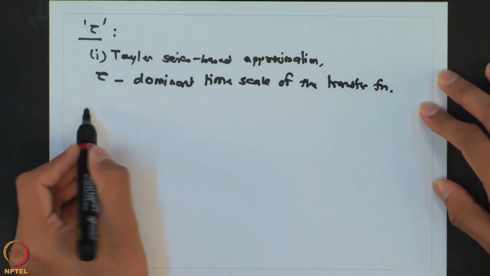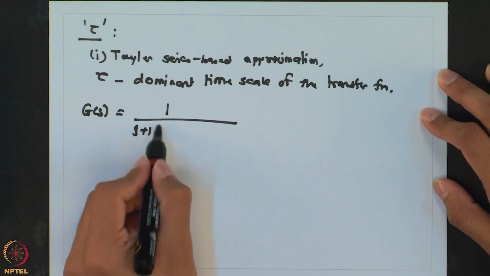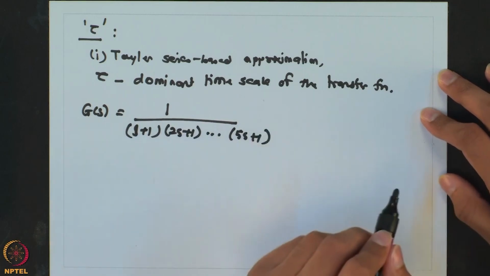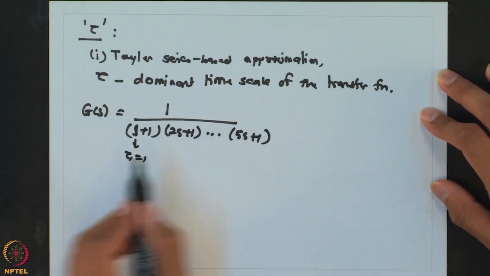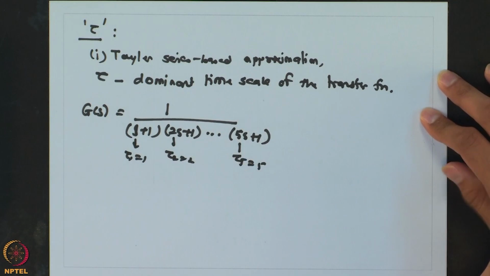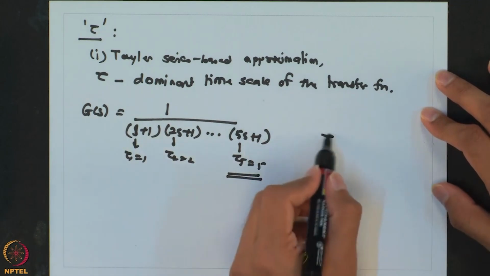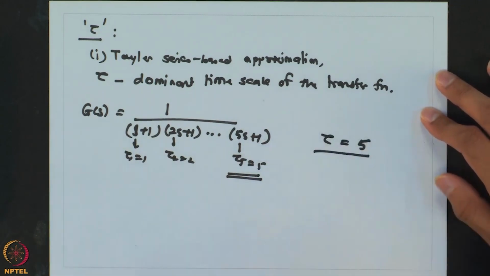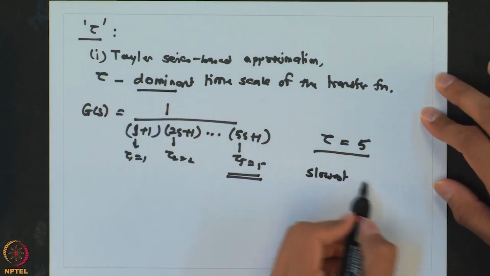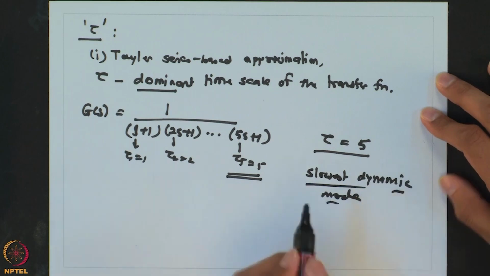So if our process transfer function was something like 1 over s plus 1 times 2s plus 1, all the way up to 5s plus 1, then tau 1 is equal to 1, tau 2 is equal to 2, and tau 5 is equal to 5. So the slowest mode out of this is coming from this 1 over 5s plus 1. So in that case we will be taking tau as 5. The dominant or slowest dynamic mode is taken as the time constant or tau.